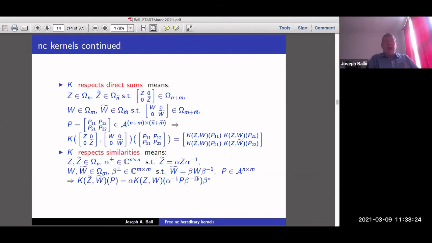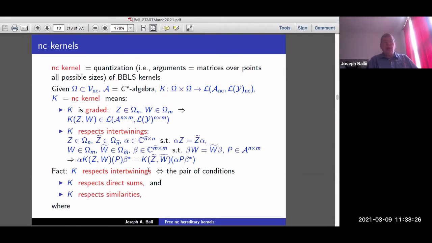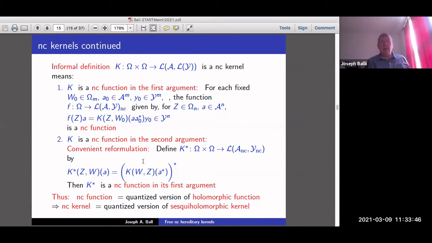Then again, you see what that means, and it just means you go through all this with alpha identity, z equals z tilde fixed, and the beta and w tilde. Doing this is exactly what it takes to get this to be a noncommutative function as first argument.